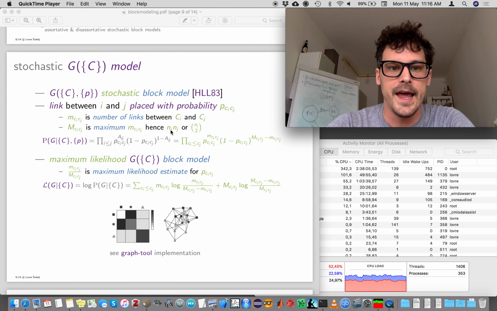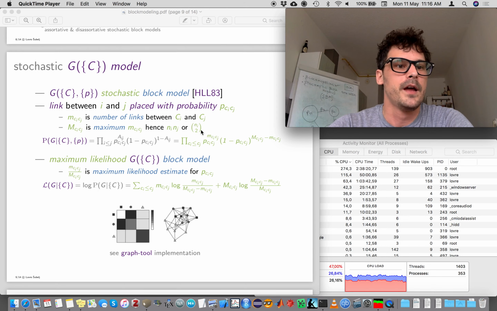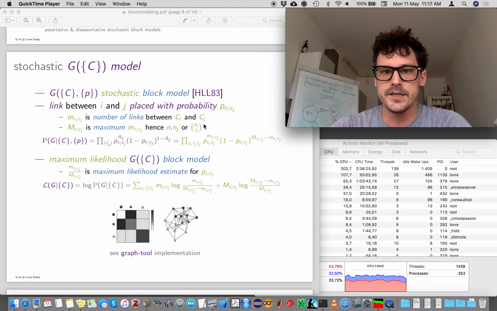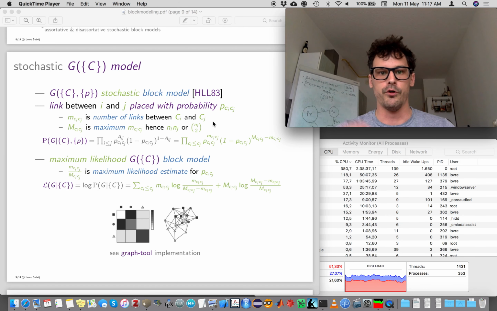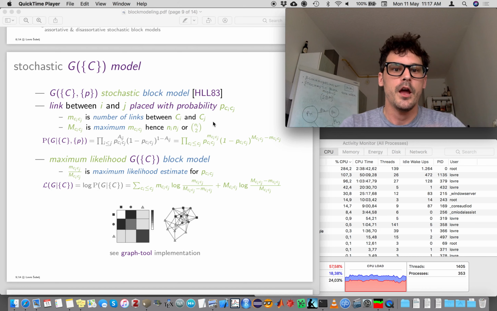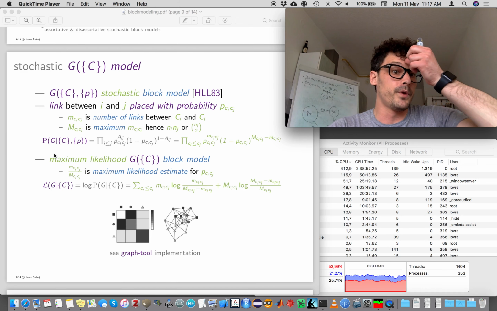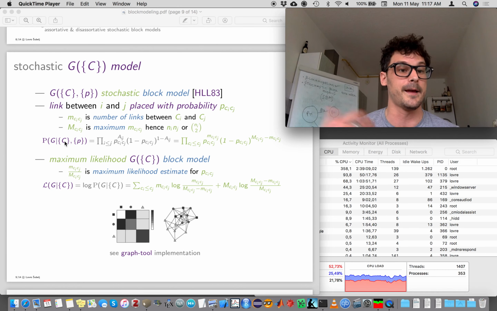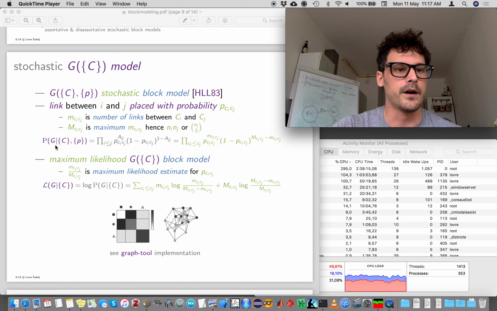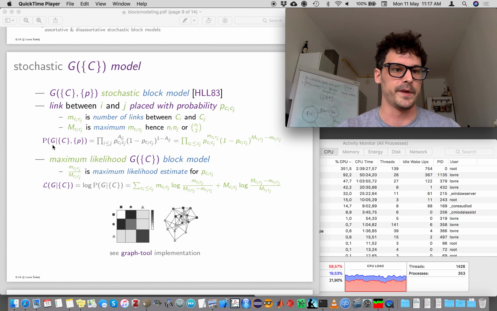So this is n sub i times n sub j, and otherwise, if nodes i and j are in the same group, then the maximum will be n sub i choose 2, obviously. So we have written down the probability that, under this specification of clusters and probabilities, we will observe this particular graph G.